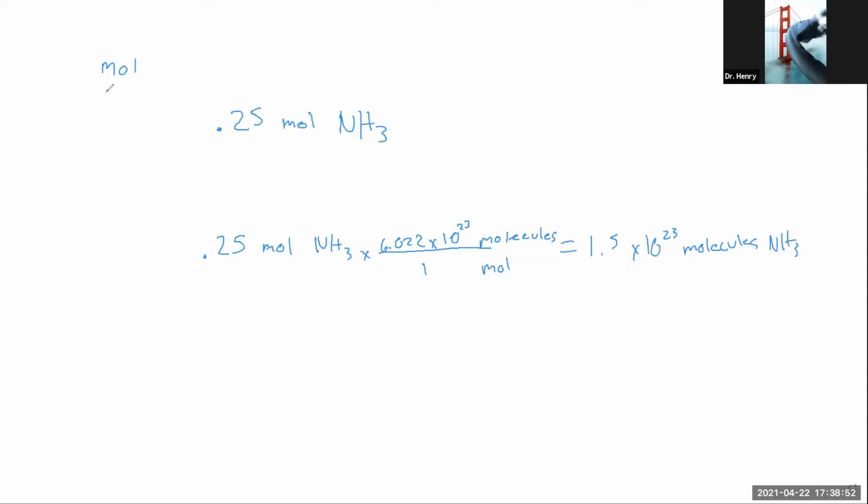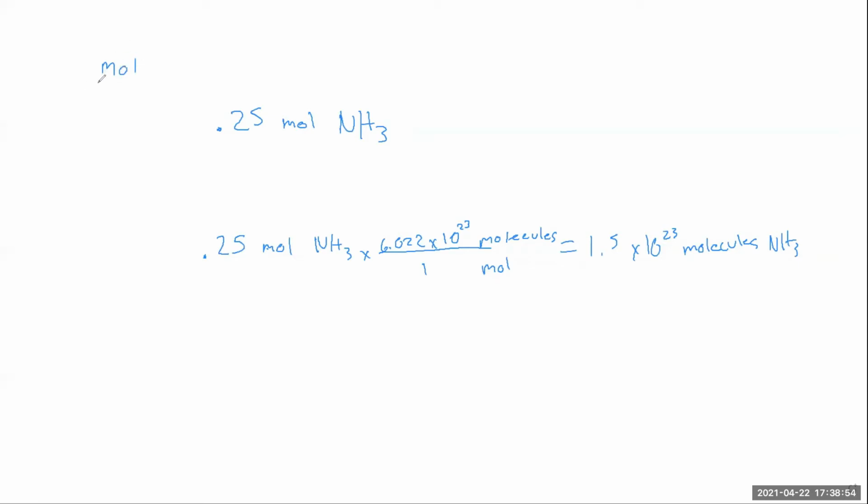Thank you. Okay. So moles is the peak of this triangle. And on one side, we got molecules/atoms. But on the other side, we have grams.